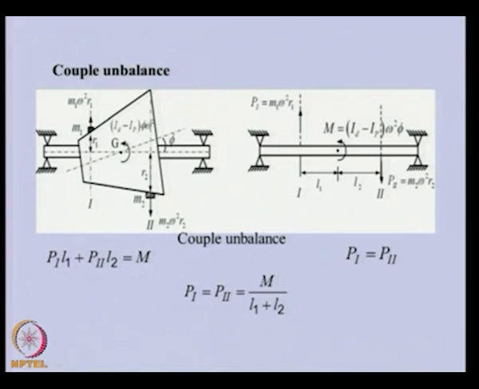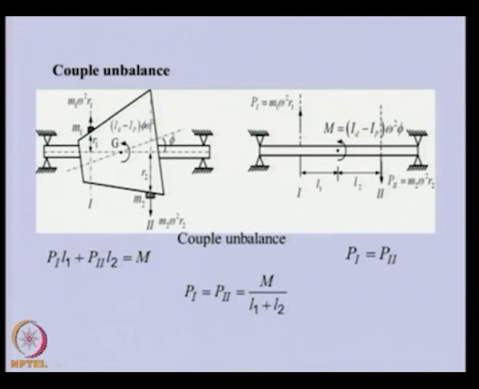To balance this couple, we require masses in two planes, and in this particular case, because we need to make a couple, we need to keep these masses on the opposite faces of this particular rotor, and they will give P1 and P2 forces like this. So, this is the unbalanced couple, and we are correcting this couple by two masses M1 and M2.